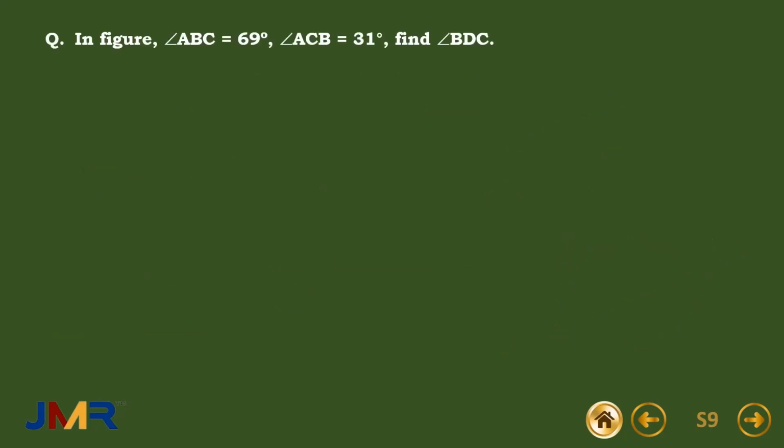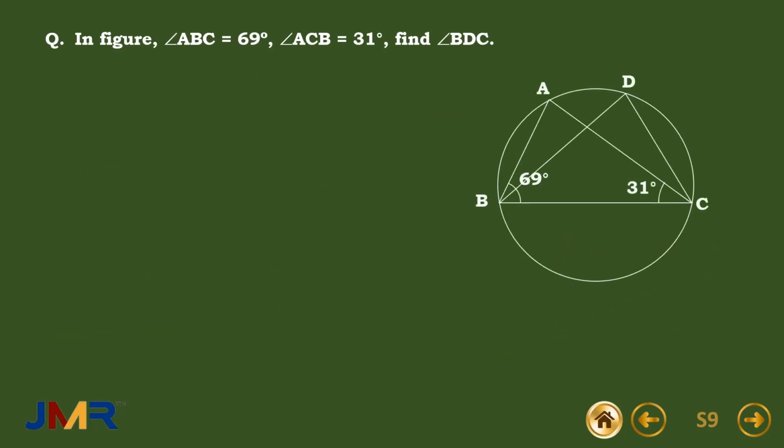Now, let us do another interesting problem. Angle ACB is 31 degrees. Angle ABC is 69 degrees. Find angle BDC. How can we find? Very simple. Take triangle ABC.